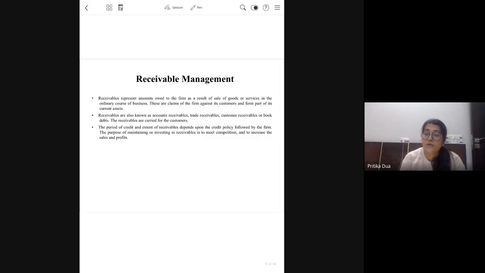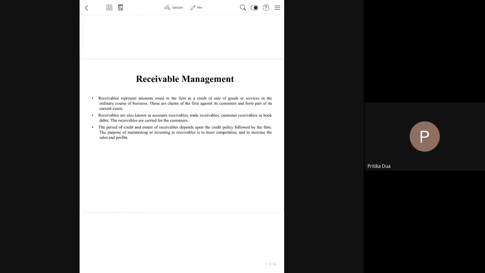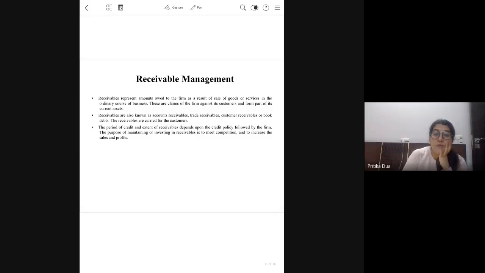What kind of cost is involved in receivables? Can anyone tell me? Receivables में क्या cost involved होती है? So are receivables cost free for the business?